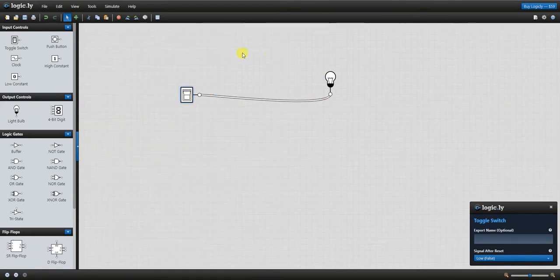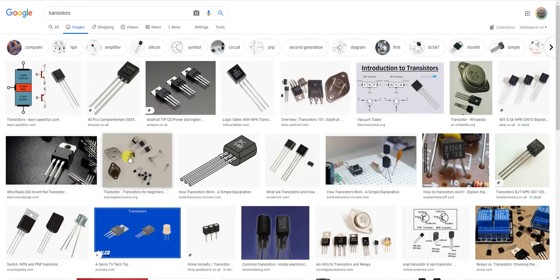And computers utilize these switches, but they use a transistor. Now, transistors are very tiny devices. Now, these are what make your digital devices work. They control the flow of electricity.